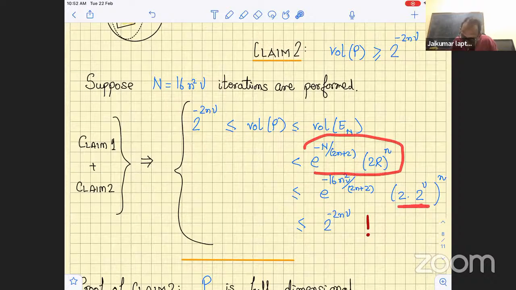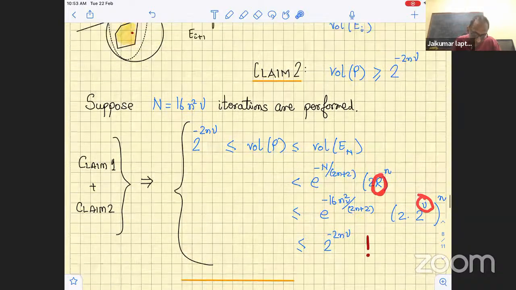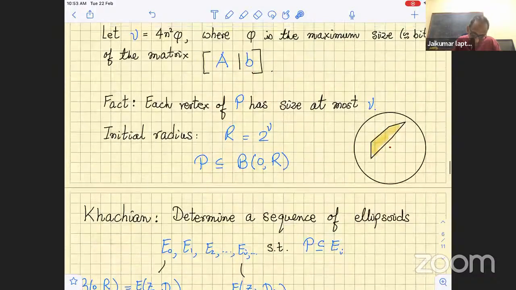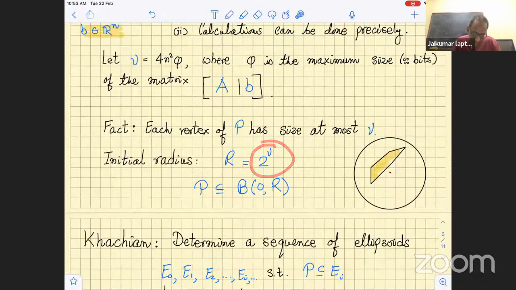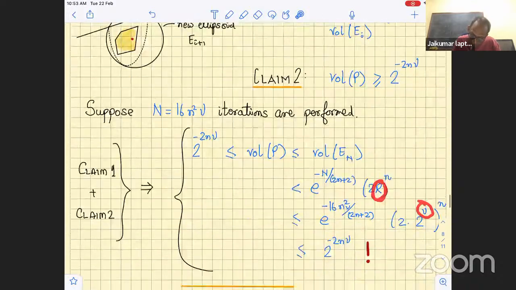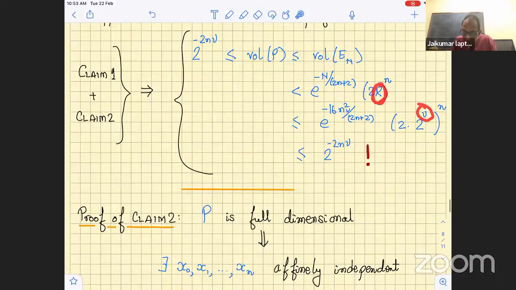Now we had an estimate for this R: 2 to the nu was an upper bound on R. You might remember somewhere, R was 2 to the nu. So we have this inequality.